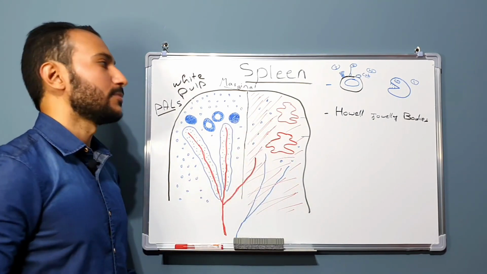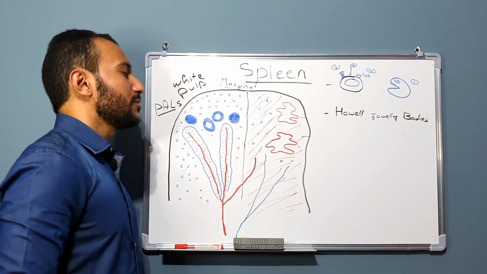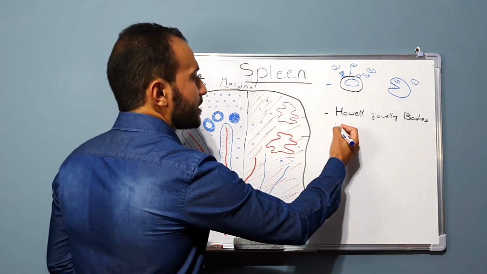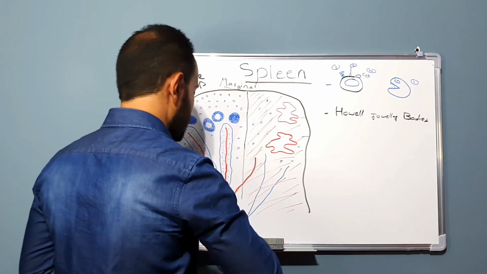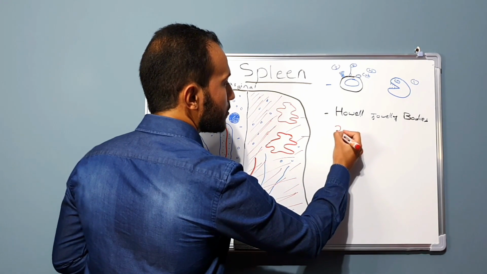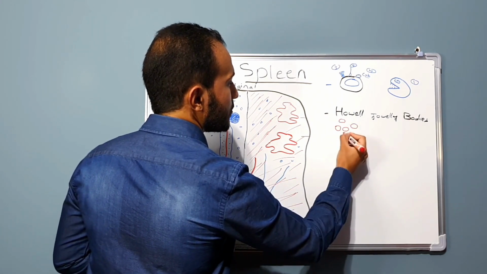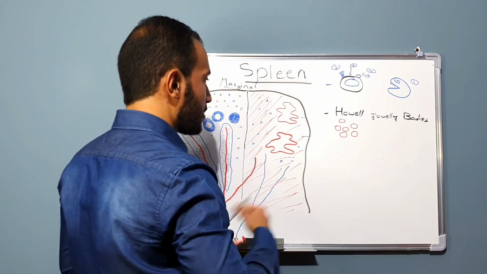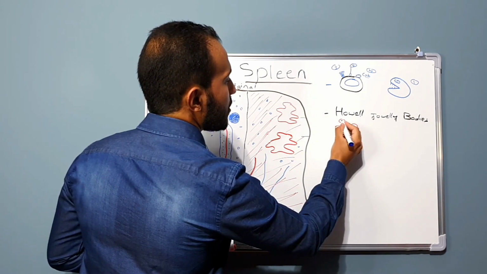That normally occurs, but if the patient is lacking the spleen after splenectomy, then we will see all of these RBCs with nuclear remnants abundant in the blood smear, and it will look like this. That's what we would see in the blood smear.